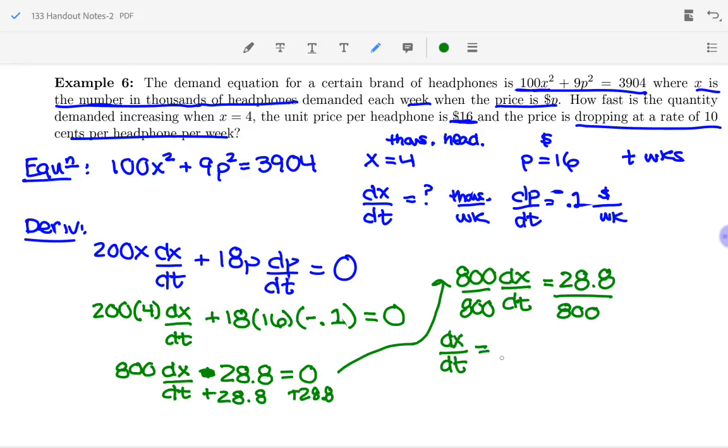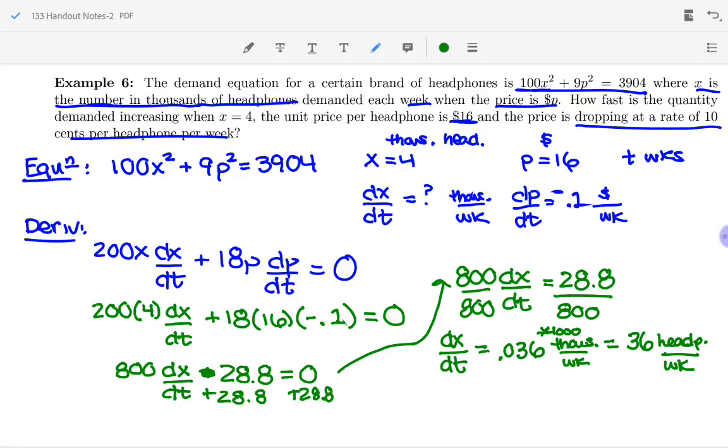And when I do that, I get 0.036. And I want to remember that this is in thousands of headphones per week, which doesn't really make too much sense to me. I would actually multiply this by the 1,000 in my calculator just to see how many headphones that really is. So if we multiply it by 1,000, we're moving it over 1, 2, 3 places. This is really 36 headphones per week.